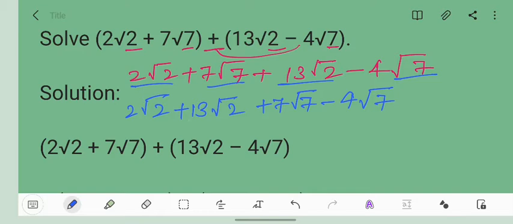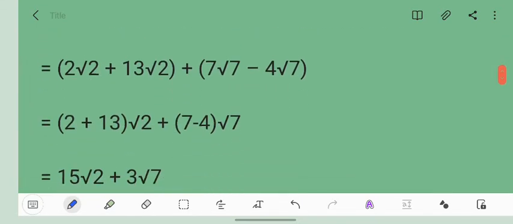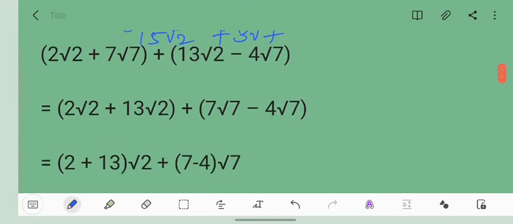And then how do we add it? Add the numbers which are outside the roots. So 2 and 13 is 15√2, just like in algebra, x plus x equals 2x, and then 7 minus 4 is 3√7. So this is your final answer. The answer is given here also. You can pause and check the steps. 15√2 + 3√7.